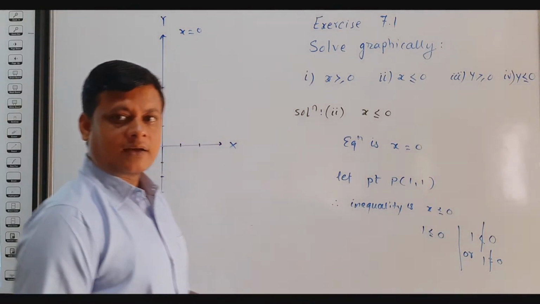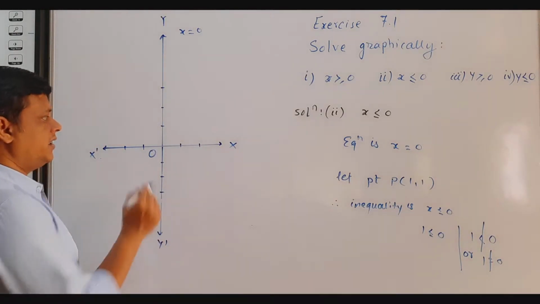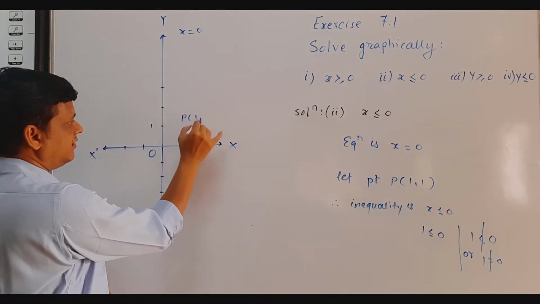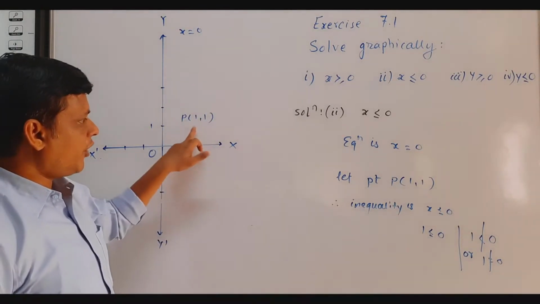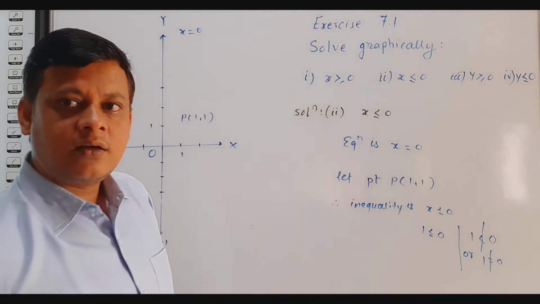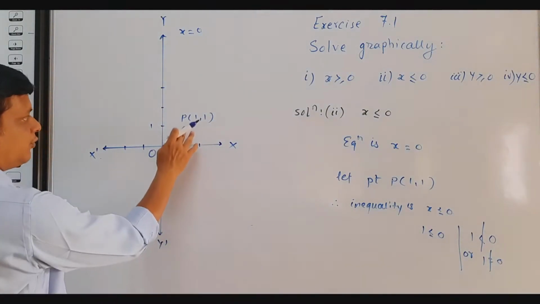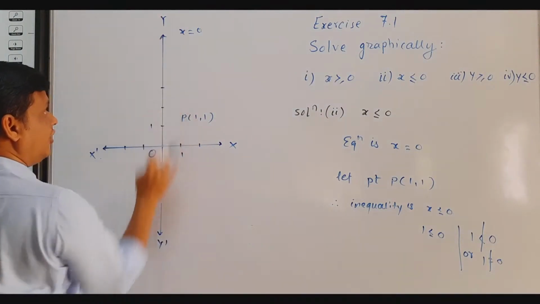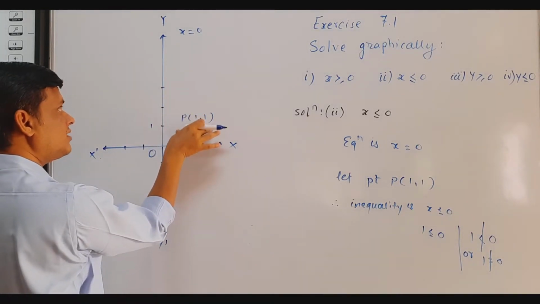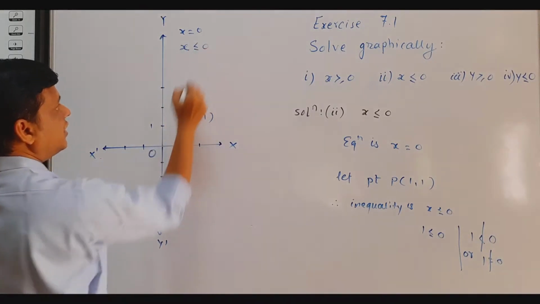So we have to mark for the graphical solution opposite to the point. So the point (1, 1) is here and this point does not satisfy this inequality. So we mark an arrow opposite to this point. This point is on the right side of this y-axis and does not satisfy the inequality x less or equal to 0.